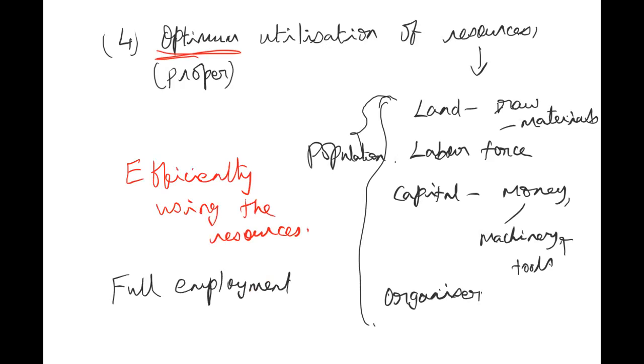Everything, labor, machinery, land, raw materials, is properly utilized to the maximum extent. So then there will be full employment of resources, which is a very, very difficult thing to achieve. But this should be the ultimate goal of each and every country. Now that is the fourth problem faced by each and every nation.